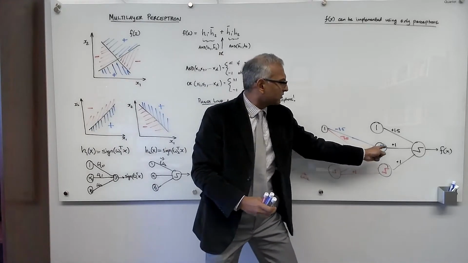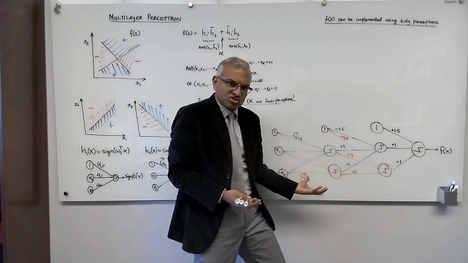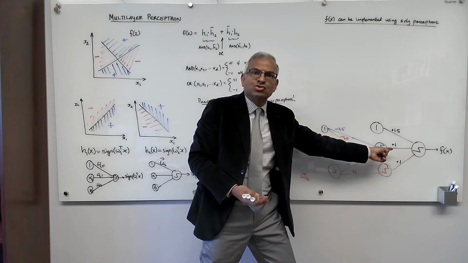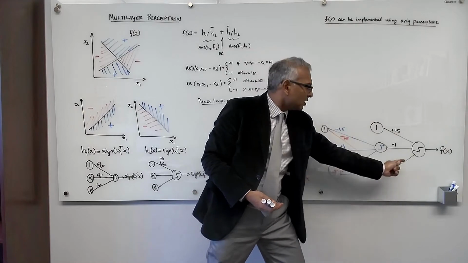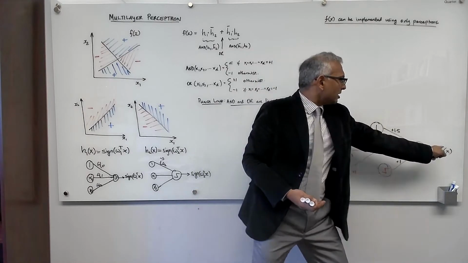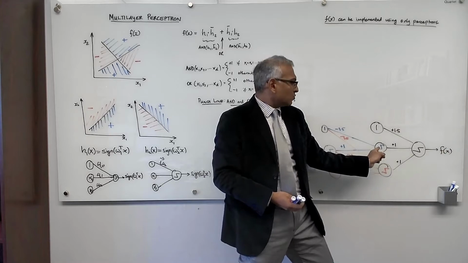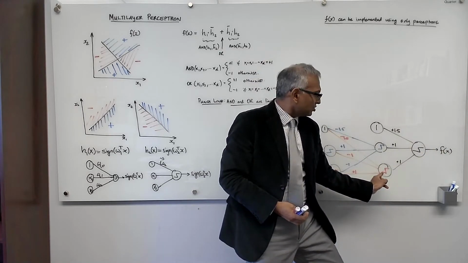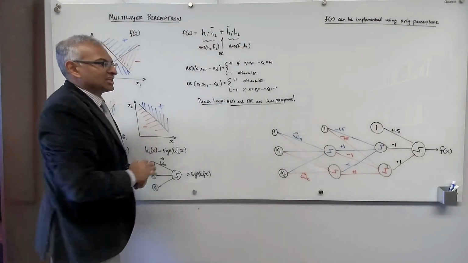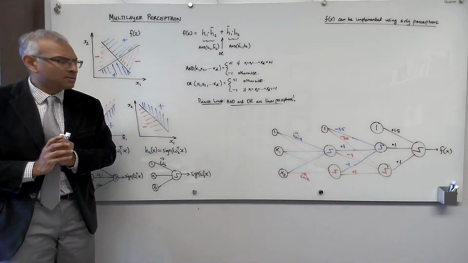Then coming out of here will be, by construction, H1 and H2 bar. And this will be H1 bar and H2 coming out of here. And then this takes the OR. So coming out of here will be H1 and H2 bar or H1 bar and H2. Exactly the function f. Boom.